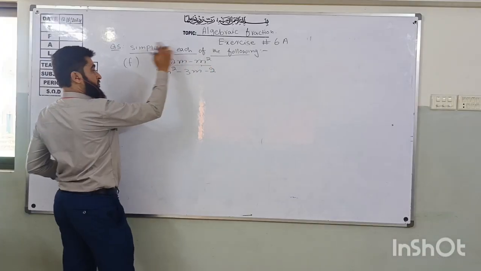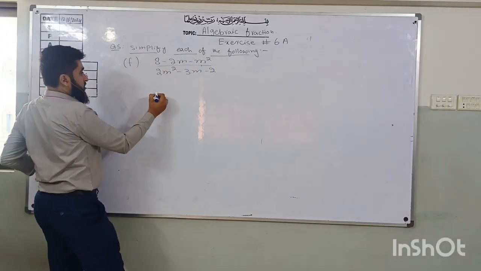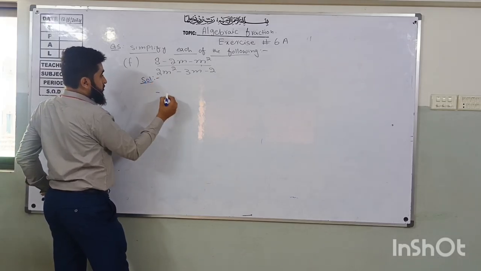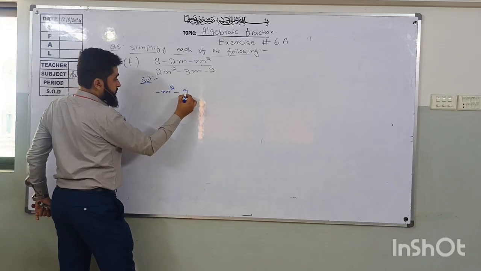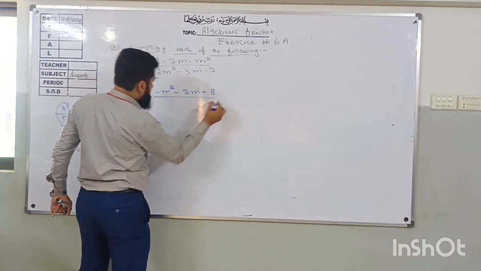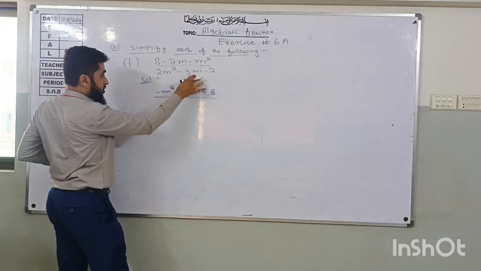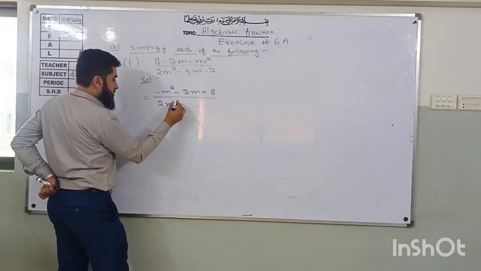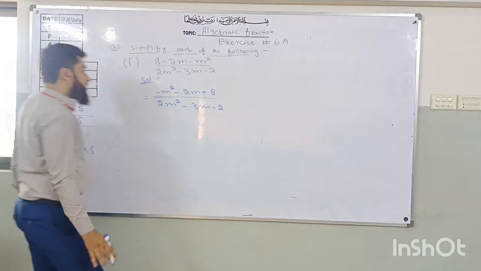The highest degree is 2, we will shift it to the left-hand side. So −m² − 2m + 8. Now the lower side is arranged already, that's why it remains the same: 2m² − 3m − 2.